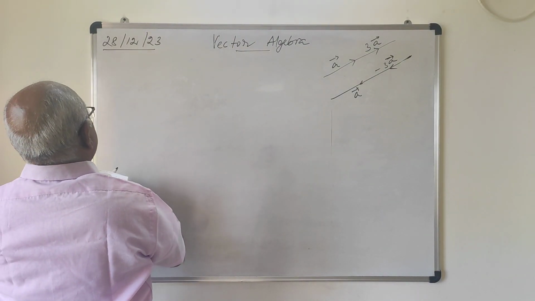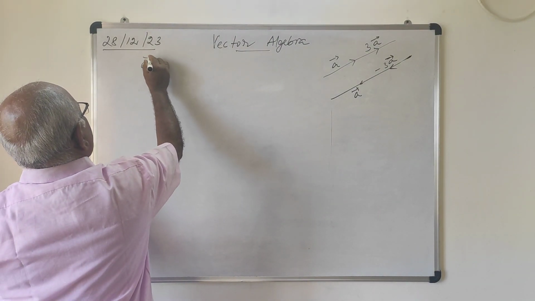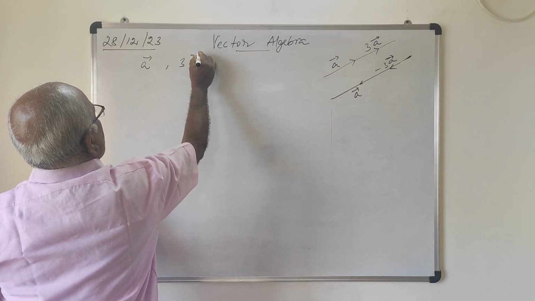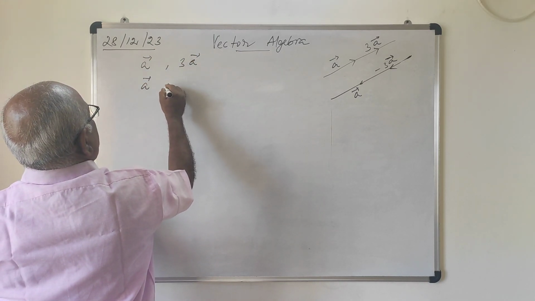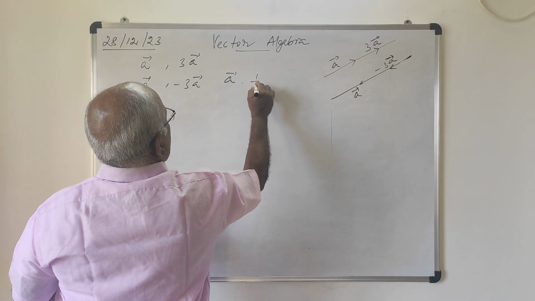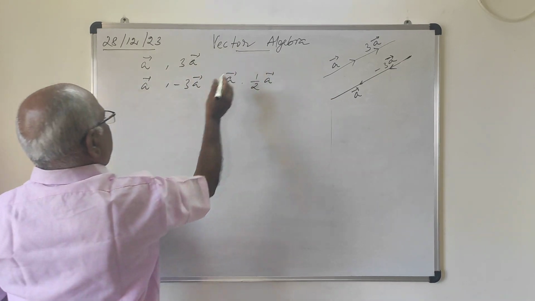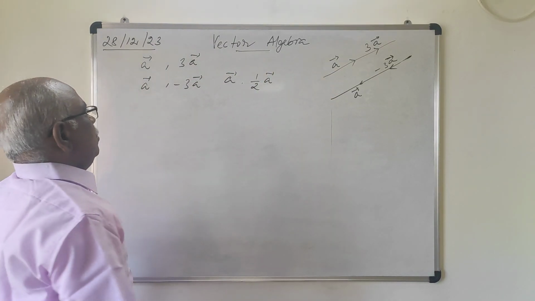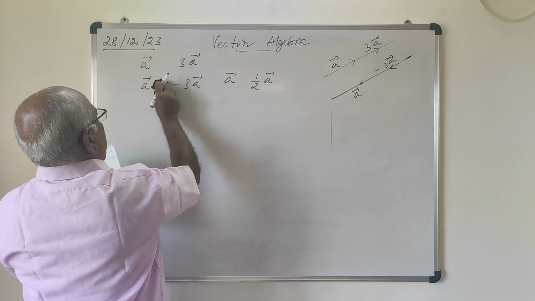Actually, we should not say that a equals 3a. The a vector and 3a vector are collinear. Similarly, a vector and minus 3a vector, a vector and half a vector are collinear. These sets of vectors are collinear. We are not supposed to say they are equal.